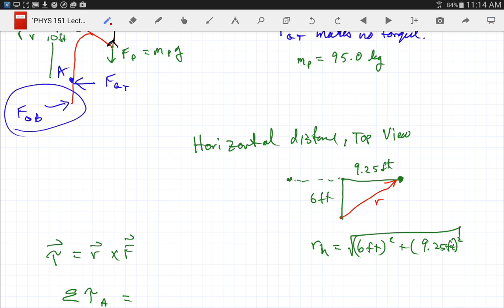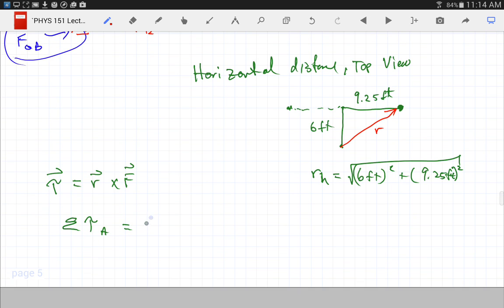What direction is that force of ground due to the base? Vertical or horizontal? Horizontal. So since that's horizontal, I'm going to care about the vertical distance. Well, we were given that this distance here was 53 inches, which would be, let's see, 4 feet would be 48, so 4 5/12 feet.